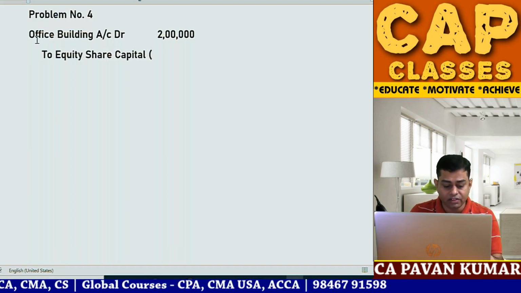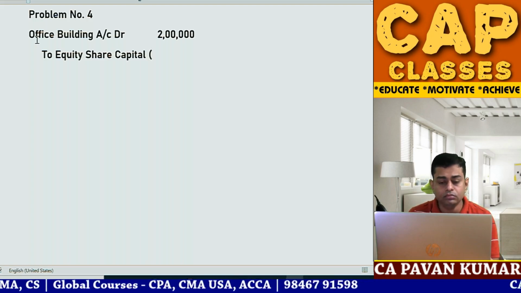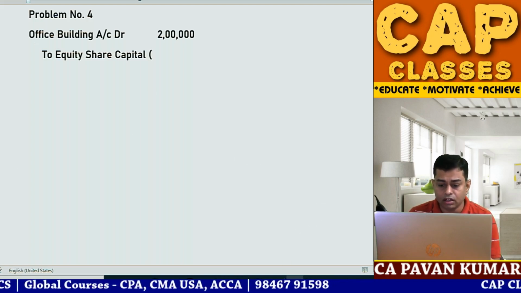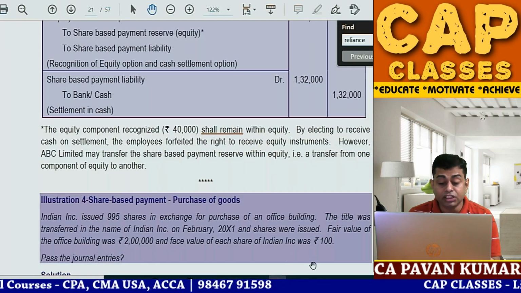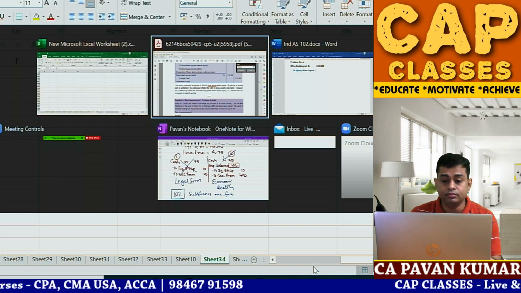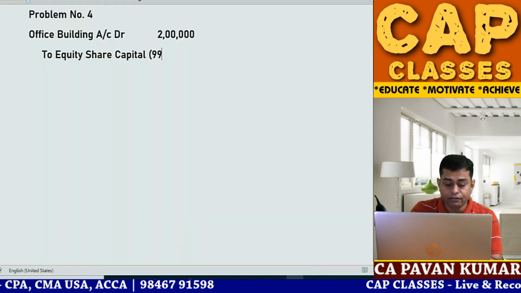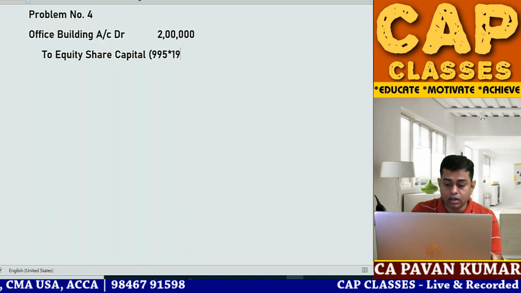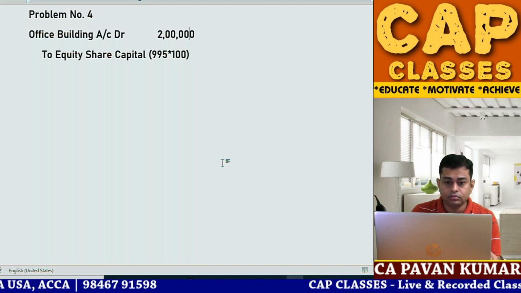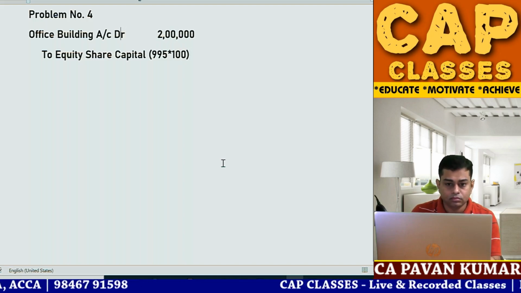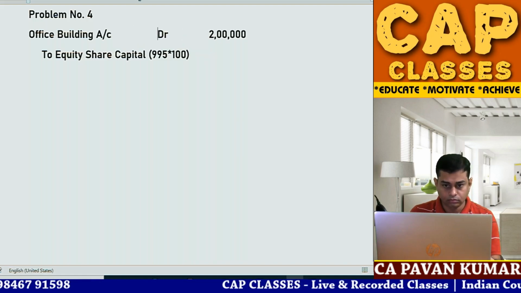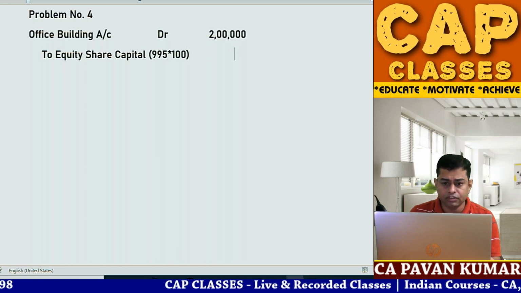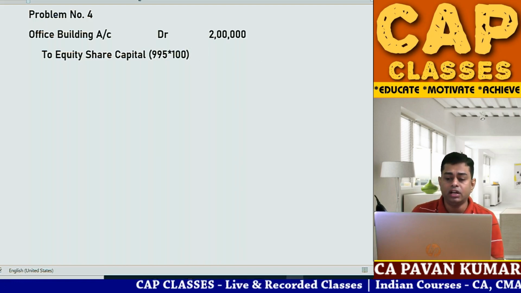How many shares are given in our example? 995 shares of 100 rupees face value. 995 into 100 is 99,500.